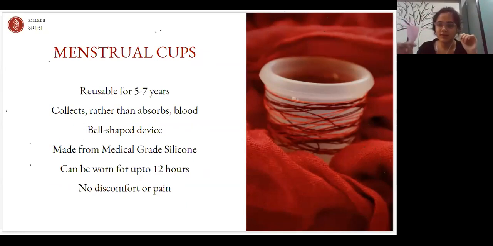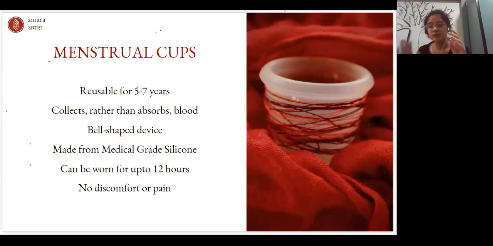As you can see, this is a bell-shaped device, and why it's different from all the other menstrual products is because instead of absorbing blood, this actually collects blood. Now, the good cups are made from medical grade silicone. If you do want to buy one, this is the material it should be. There are other cups made from food grade silicone, TPE, which is thermoplastic, or latex rubber.